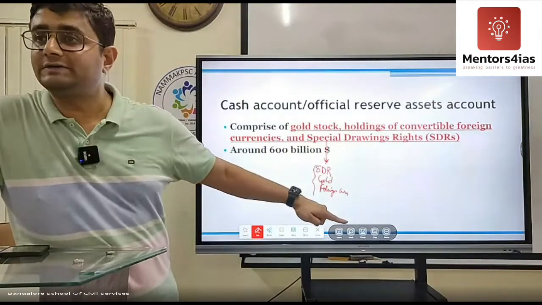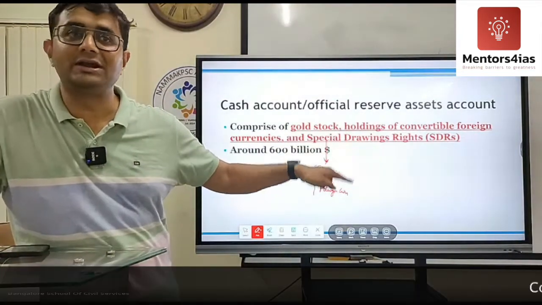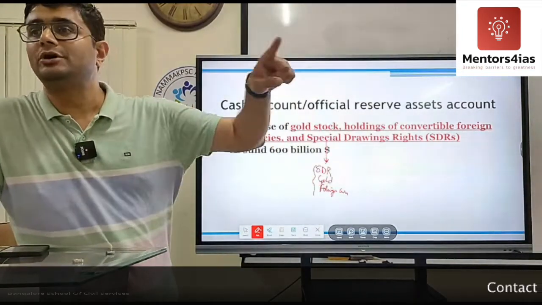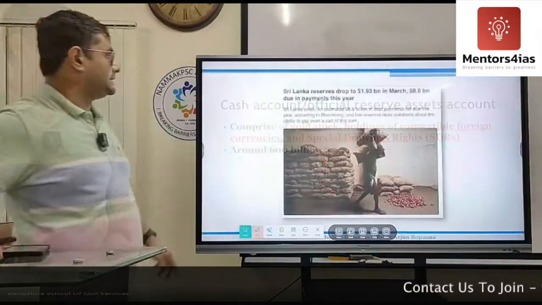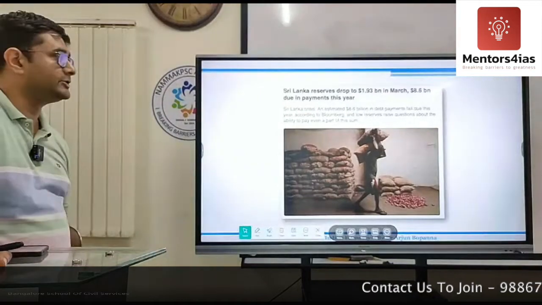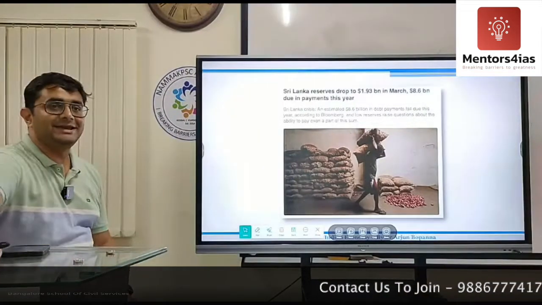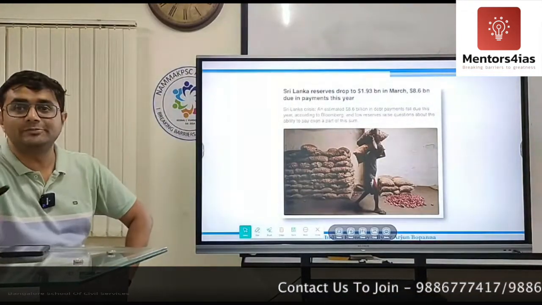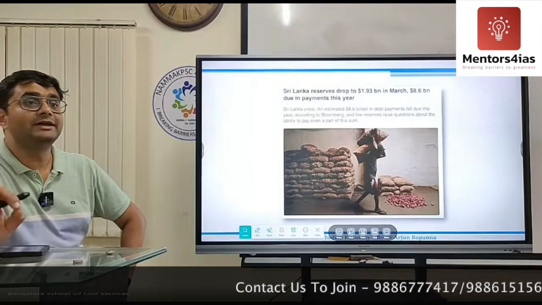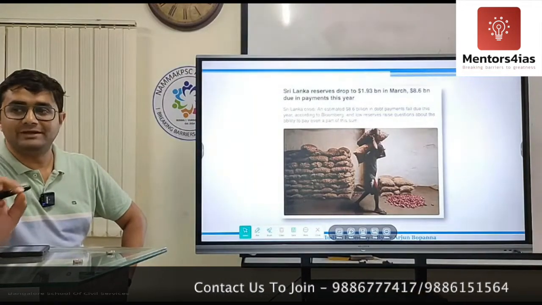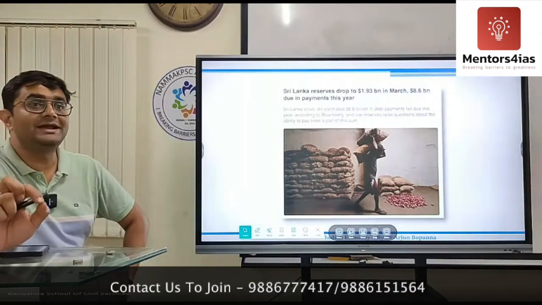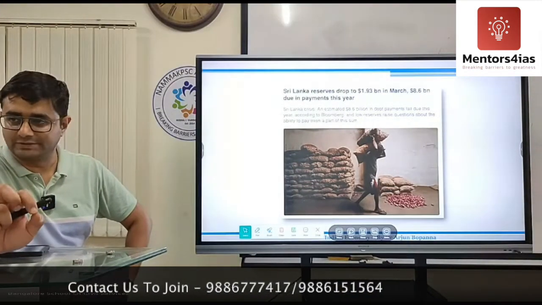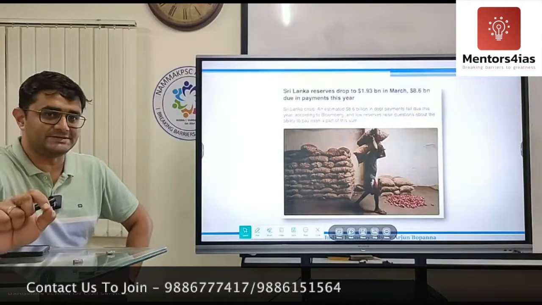When we do not have reserves, like how Sri Lanka doesn't have its reserves, it has to borrow money. Is that understood? Right. So Sri Lanka's reserve drops to 1.93 billion in March. So this is the problem when we do not have enough reserve. When we discussed it in fiscal policy, I said that we need to maintain reserves and we cannot use it to meet our fiscal deficit.